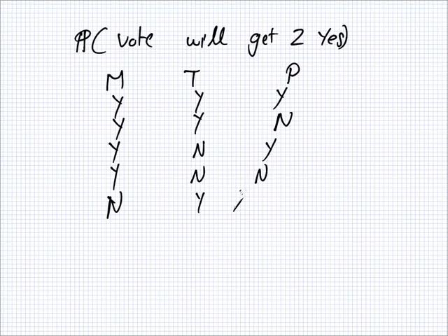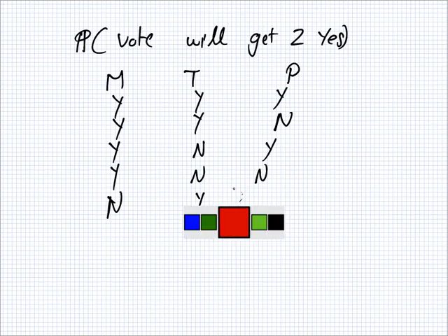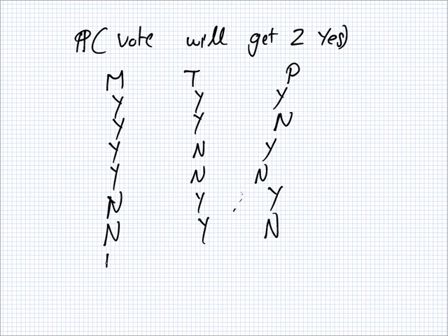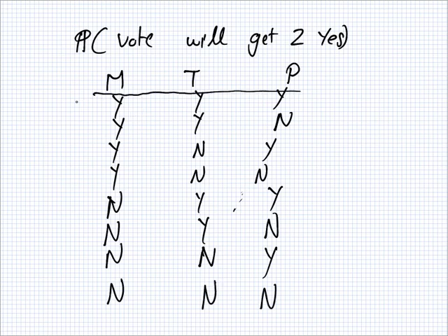Yes here, no, yes, no, no, no, yes, and then no, no, no. So let's see, how many possibilities do we have here? 1, 2, 3, 4, 5, 6, 7, 8 possibilities. But the order matters. We'll get to the order part in a moment. So for the moment the order matters, but soon it won't matter.